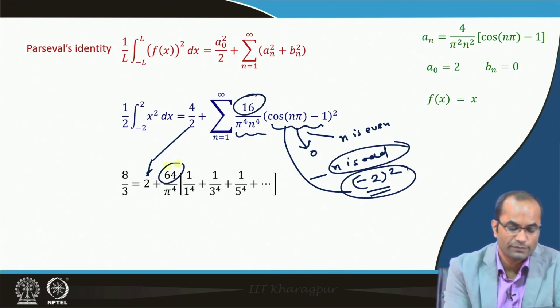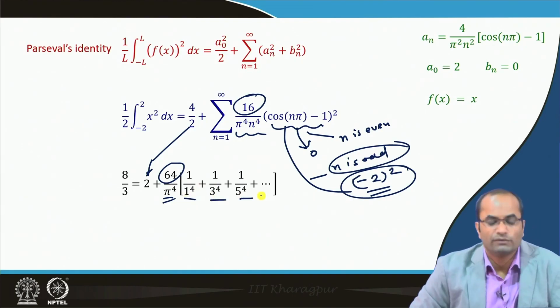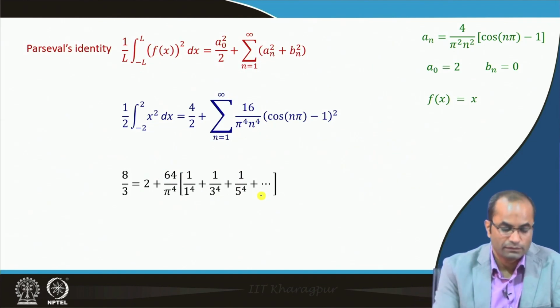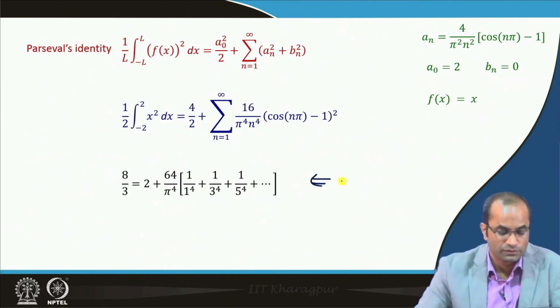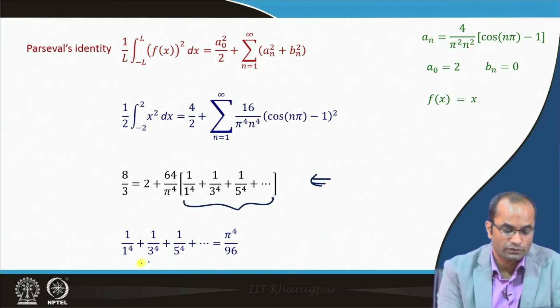So, 64 will be appearing there, pi square we can take outside, and then we have this n to the 4, which as a result gives us 1 to the 4, 3 to the 4, 5 to the 4, etc. So, this is coming directly from Parseval's identity: 1 over 1 to the 4, 1 over 3 to the 4. These odd terms are adding up to something.